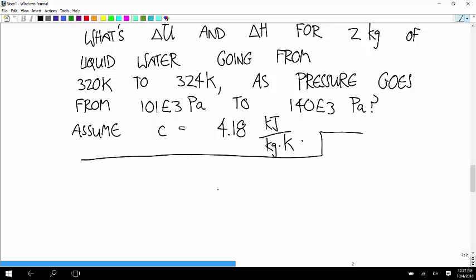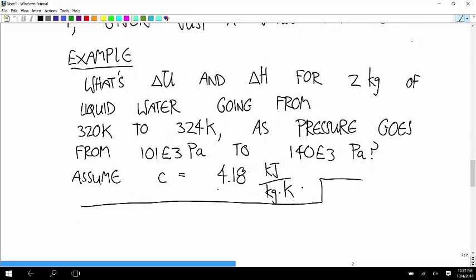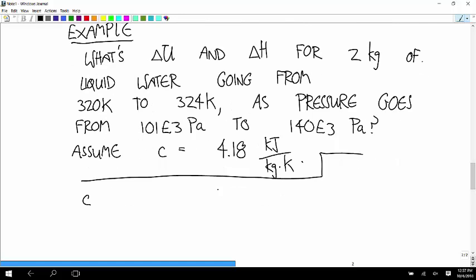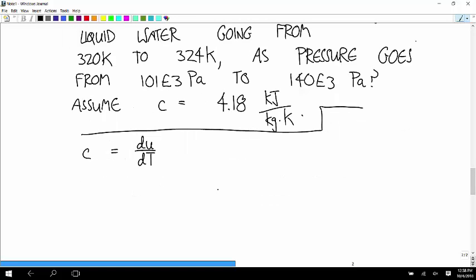Well, our approach is going to be to calculate the change in specific internal energy using the specific heat, and then just multiply by the mass to get the total internal energy. So C is equal to du dT. And we can use separation of variables to write this as du is equal to C dT.